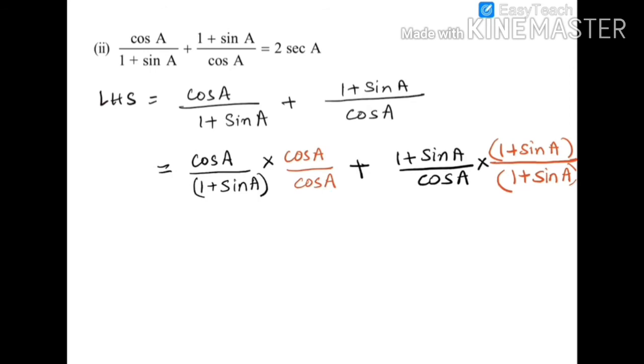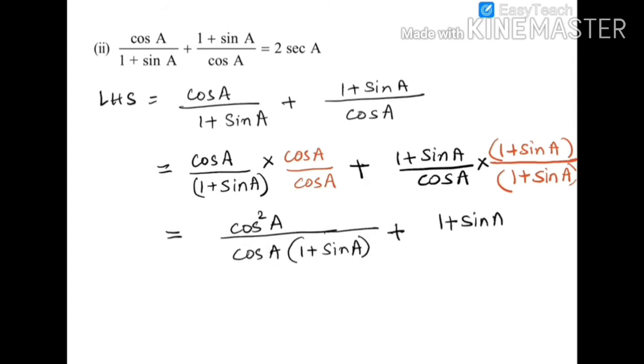This is as good as writing equivalent expressions, like you write equivalent fractions. So this is equal to cos square A divided by cos A in brackets 1 plus sin A plus 1 plus sin A whole square divided by cos A in brackets 1 plus sin A.